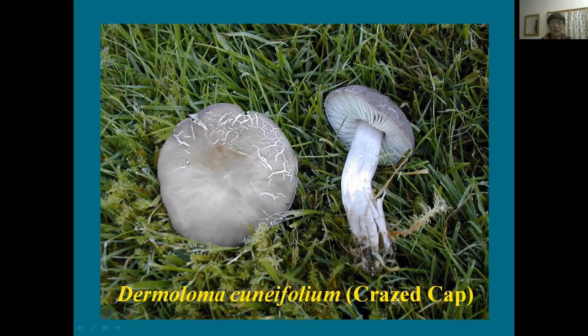They're not spaghetti cells when you look at them down the microscope, and it just means that as it grows, sometimes the round cells pull apart, and the effect of that is that you get this crazed pattern on the top, like the crazing on ceramics when they've been through the dishwasher too many times. It also smells mealy, and mealy is best described as either rising bread dough or fresh milled flour, something like that. It's quite a distinct smell once you get used to it and get your nose into it. So I just show you that for completeness.